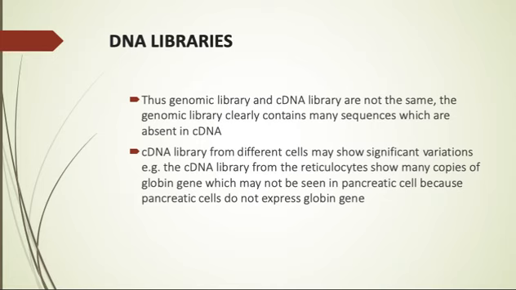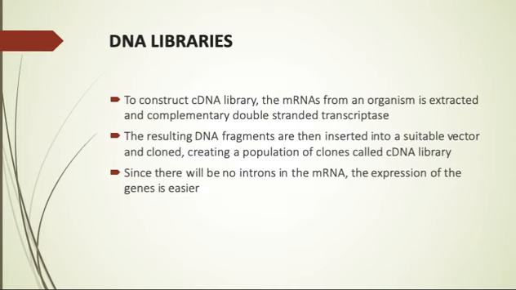So how do you construct the cDNA library? The mRNAs from an organism are extracted and a complementary double-stranded DNA is made with the reverse transcriptase enzyme. The resulting DNA fragments are then inserted into a suitable vector and cloned, which creates a population of clones, and we call this a cDNA library.